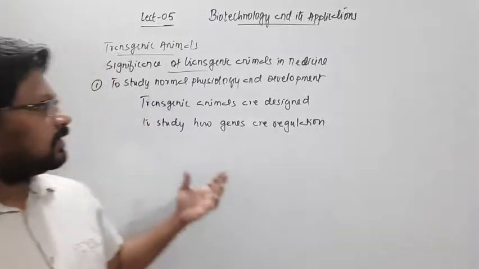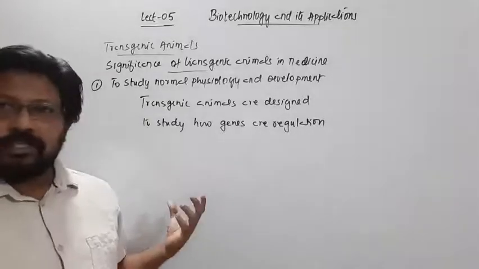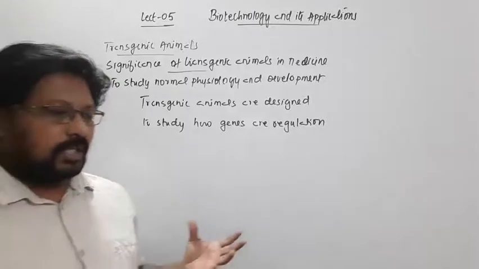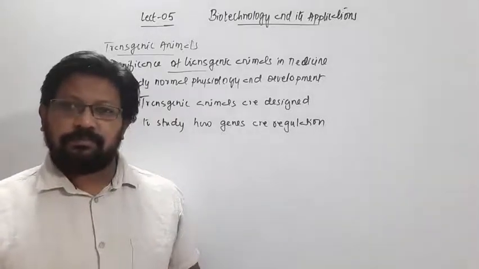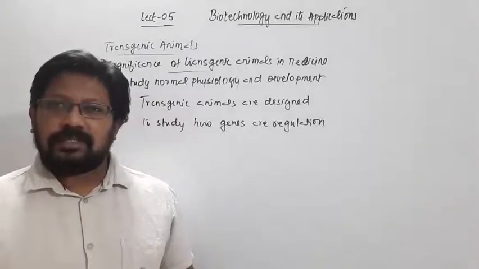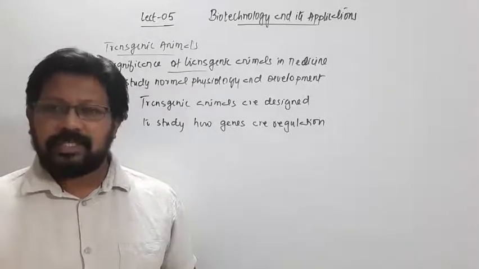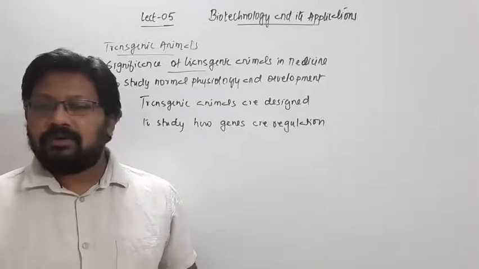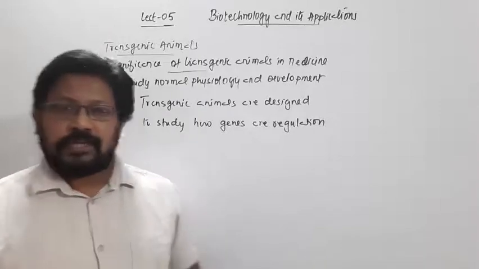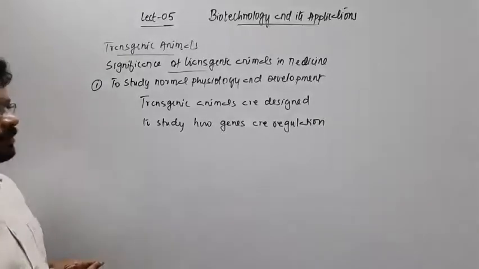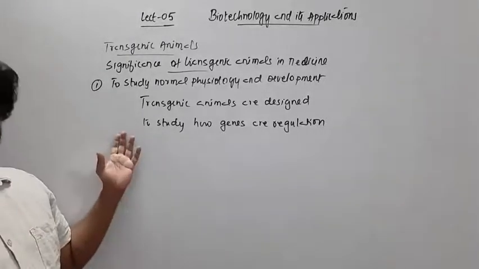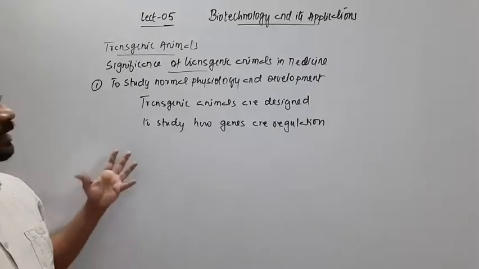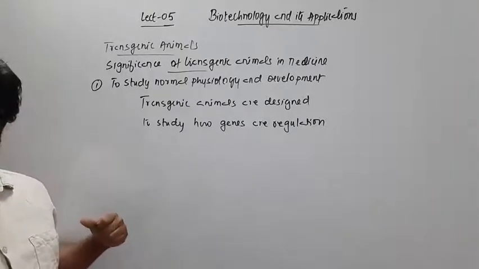Whatever I have given you in the side headings, we will be transferring the genes from other organisms into the mice, okay, and then see how the genes are working in them first, and then based on that we will be developing solutions, right, or treatments for diseases. And so now we are using those transgenic mice to study normal physiology and development.